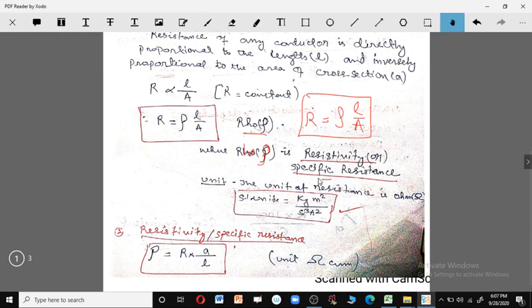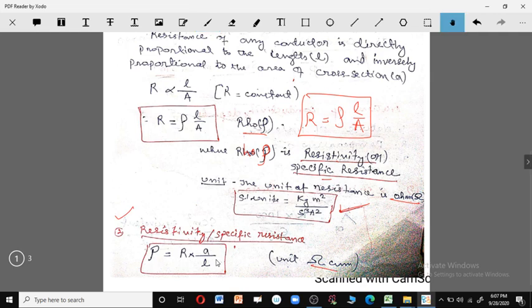The SI unit of resistance is ohm, and in base SI units it is kg meter square per second cube ampere square. And for specific resistance or resistivity, the unit is ohm centimeter.